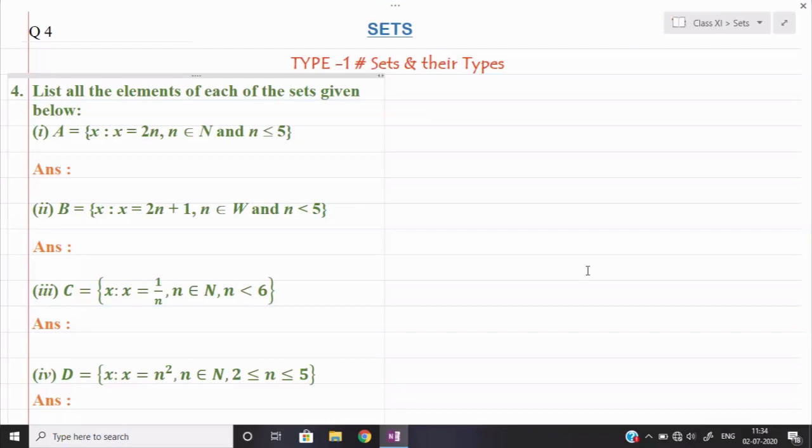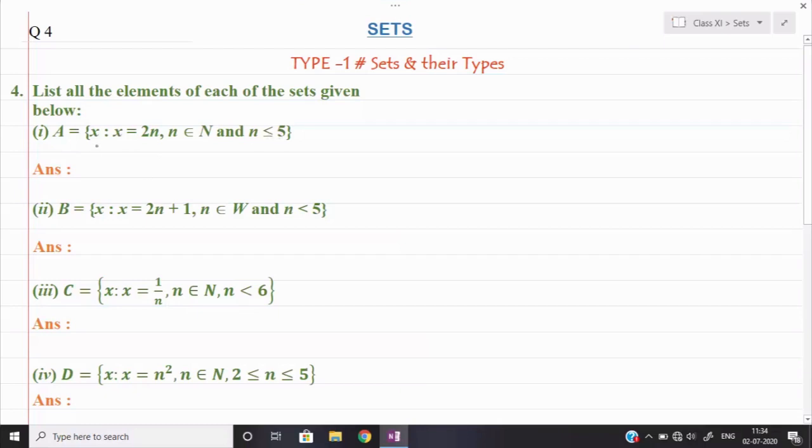First, see question number 4, first part. The value of x is given as 2n, and n belongs to the set of natural numbers, so n can be 1, 2, 3, 4, 5 and so on. But the upper limit of n is given as less than or equal to 5, so n cannot be more than 5.